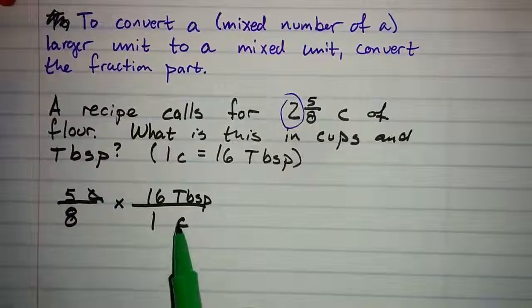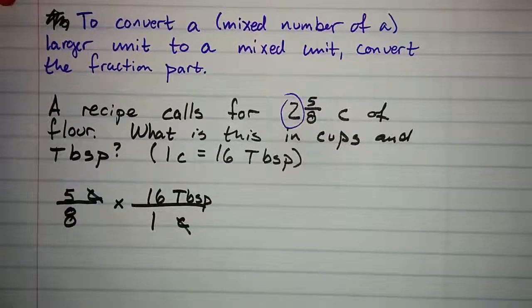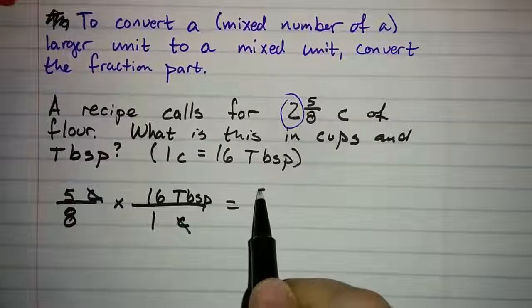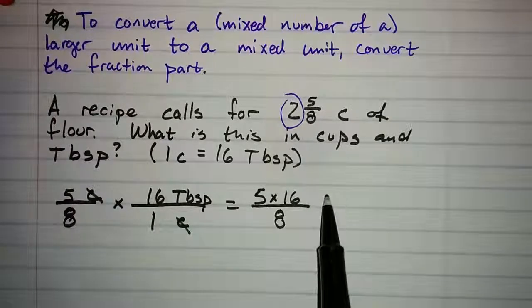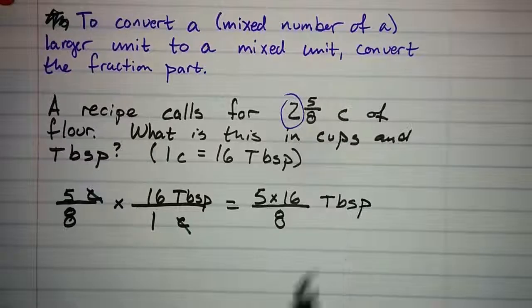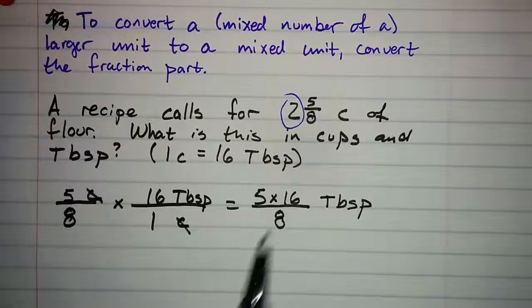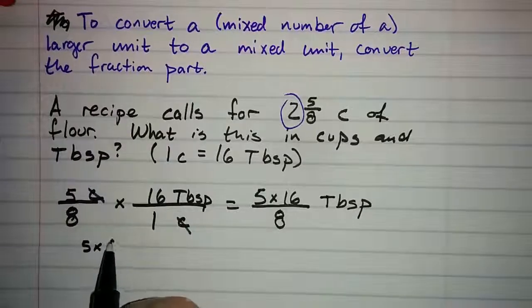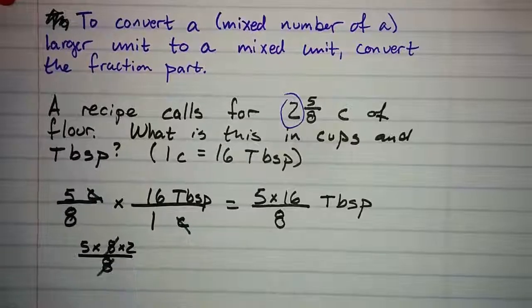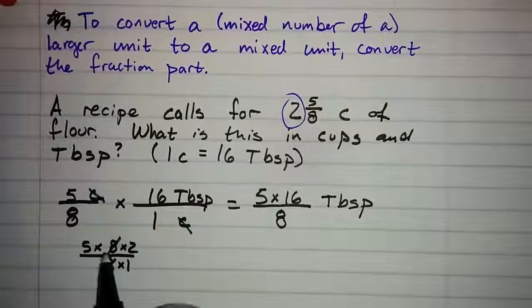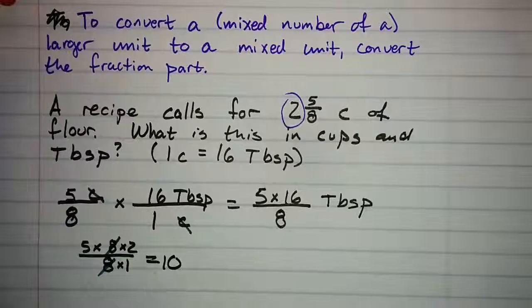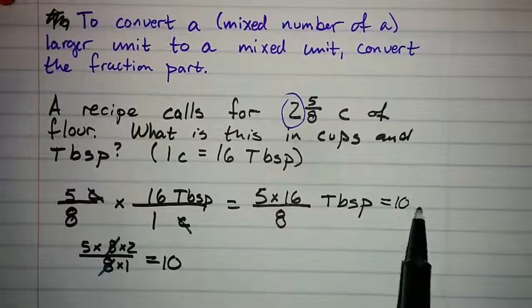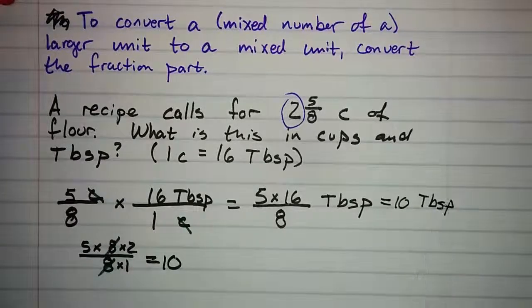I see cups will indeed cancel, and I'll be left with 5 times 16/8 tablespoons. Now I notice that 8 is a factor of 16, right? 16 is 8 times 2. 8 cancels. I just have 1 left in the denominator. But that's just 10. So this is going to be 10 tablespoons.